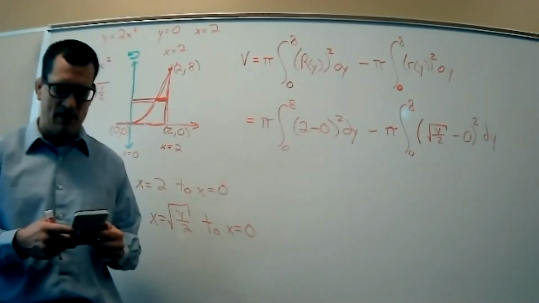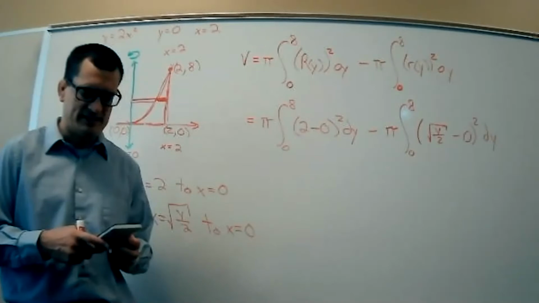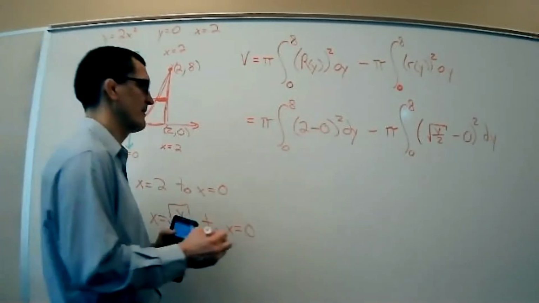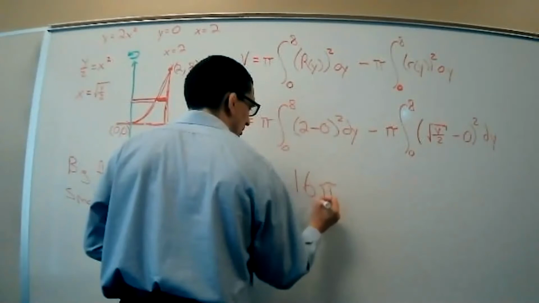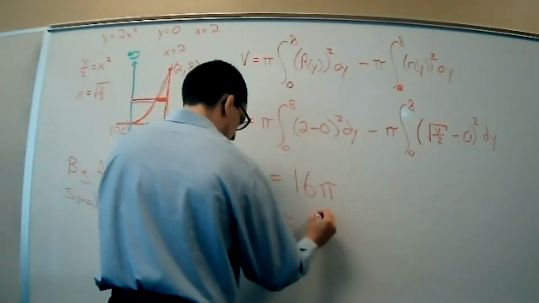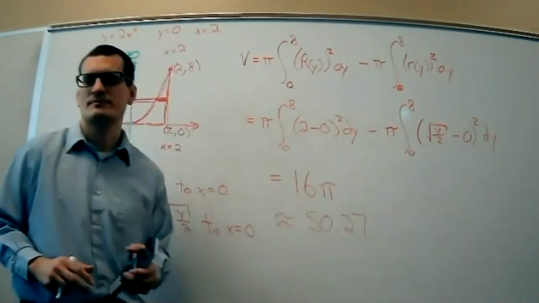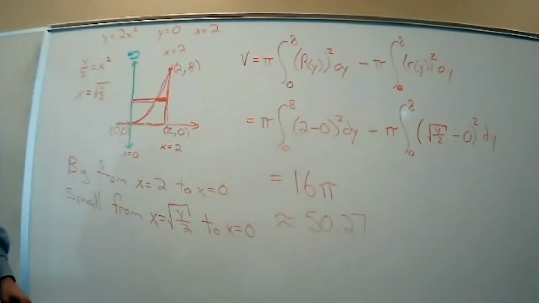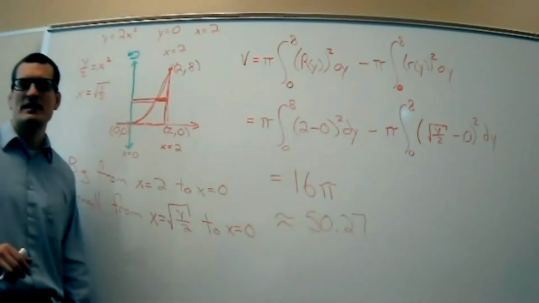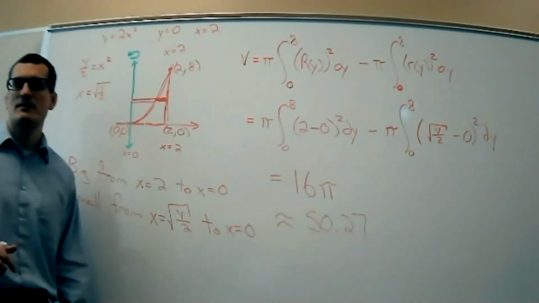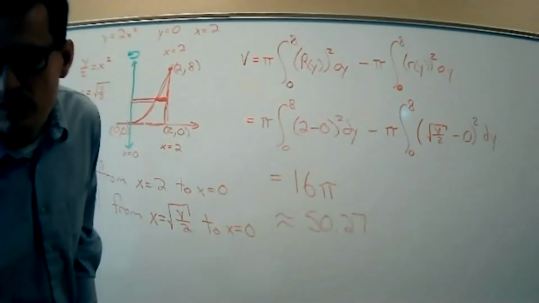I ended up with about 50.27, which as an exact answer is 16 pi. So I ended up with 16 pi, which is about 50.27. Okay. By the way, notice how difficult that was. That's a fairly difficult problem there to deal with. All right.